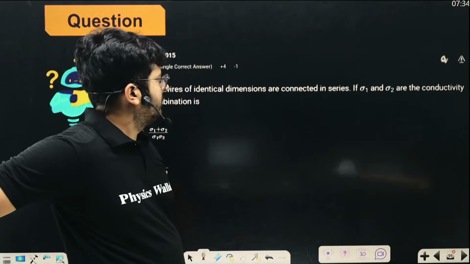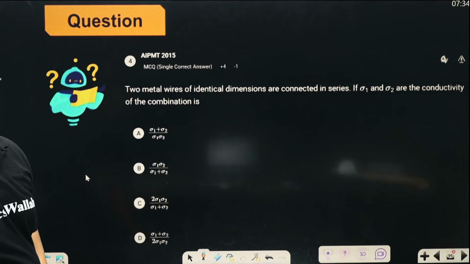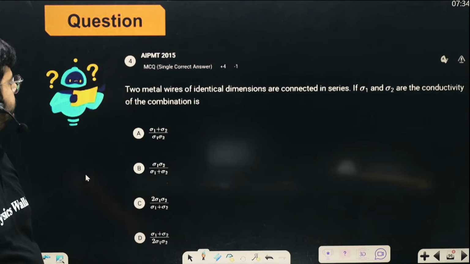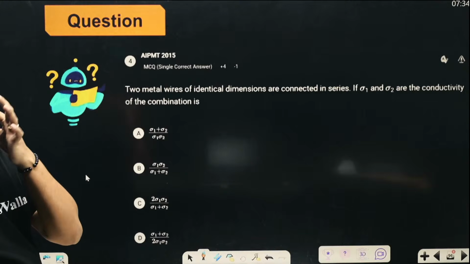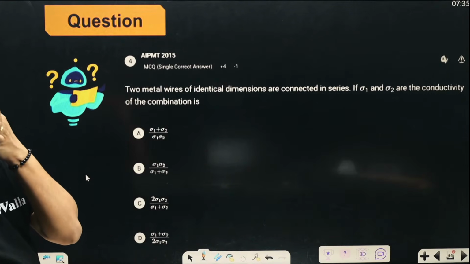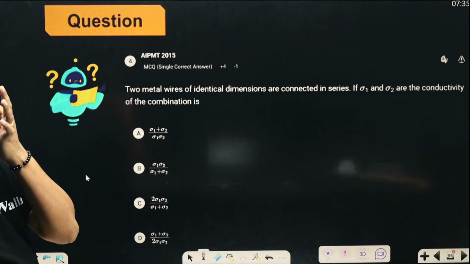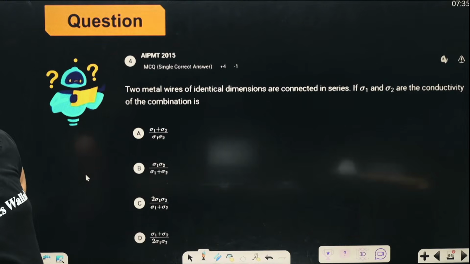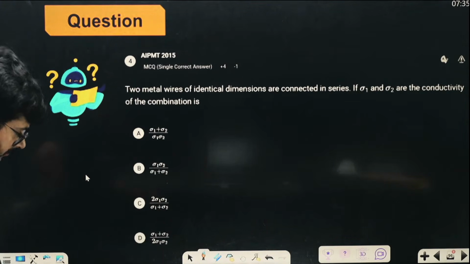Conductivity of the combination. So think about it.